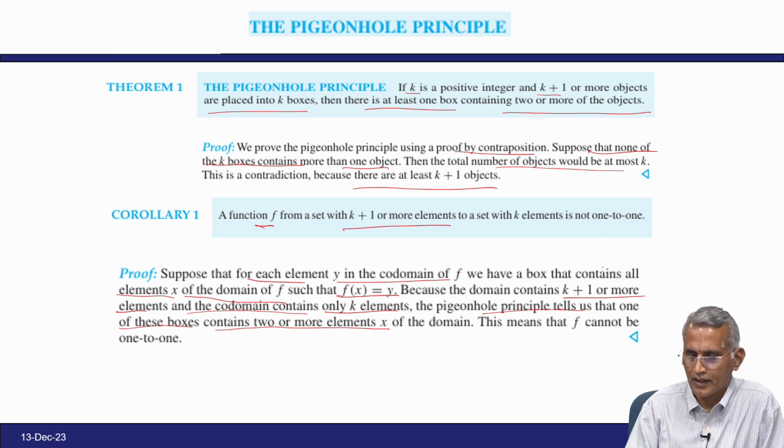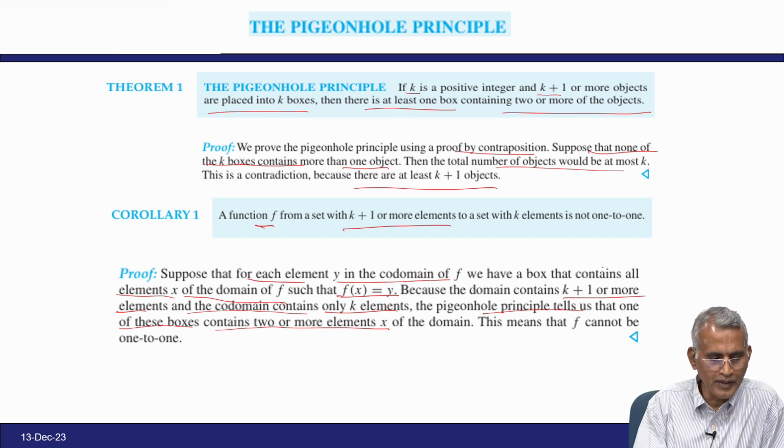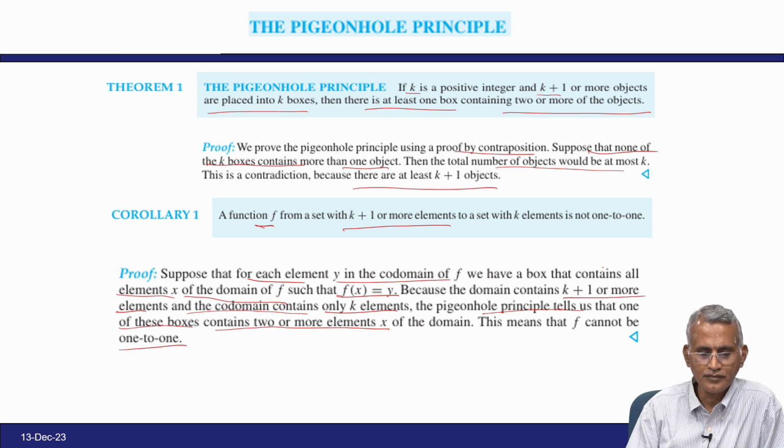It means that f cannot be one to one. So, it implies more than one element of the domain maps to the same element of the codomain, which implies it is not one to one, therefore, it obeys the pigeonhole principle.